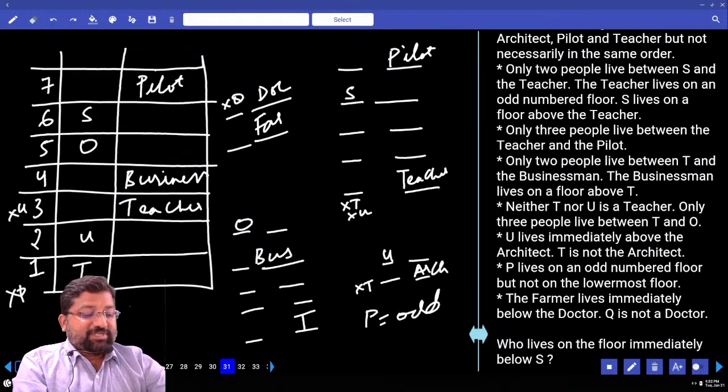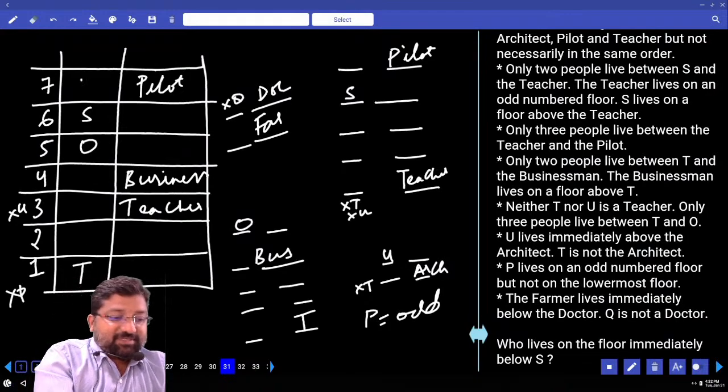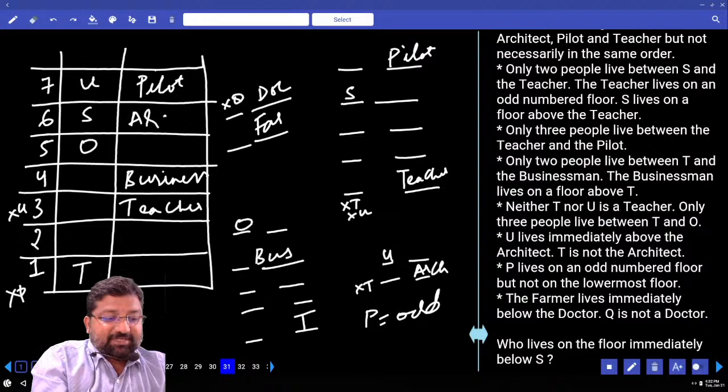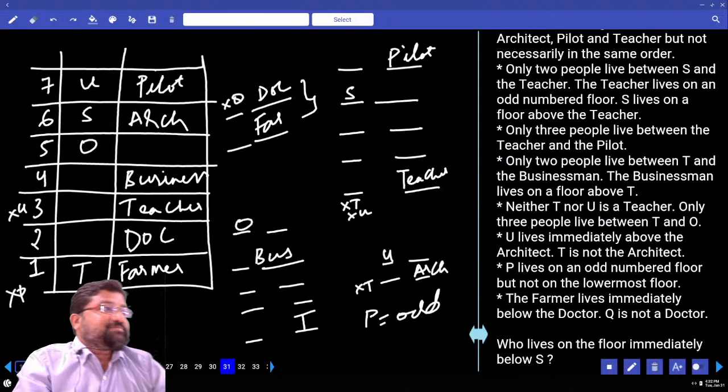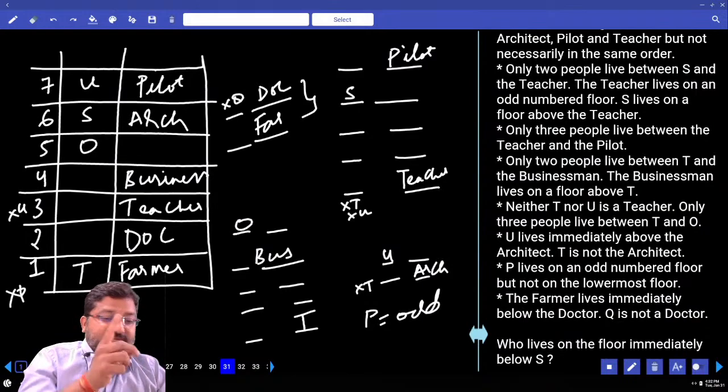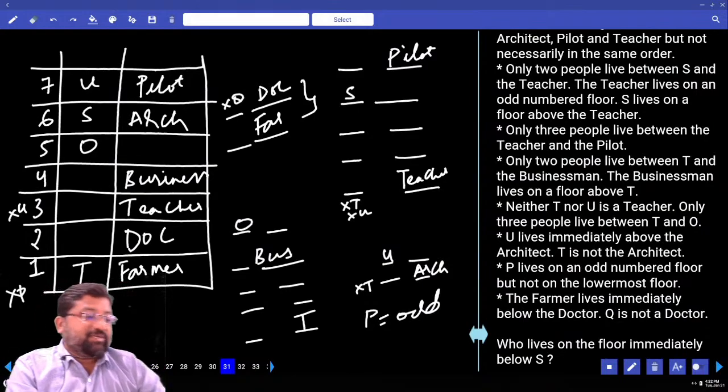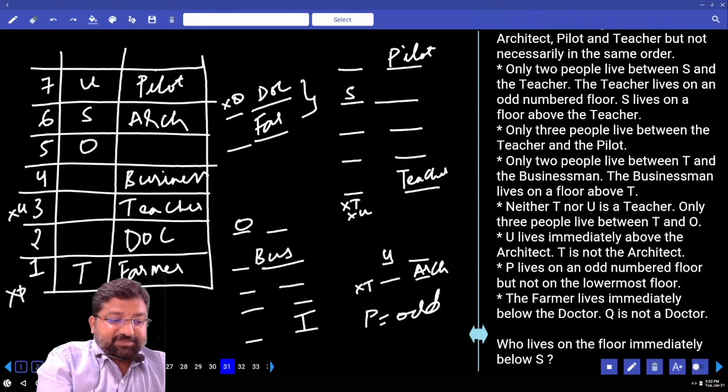Then how many possibilities for U? Only 1. This is U, this is architect. Doctor and farmer, there is no other option. Clear? There is one profession that is left out. Can you please look and tell me what that profession is? Engineer.